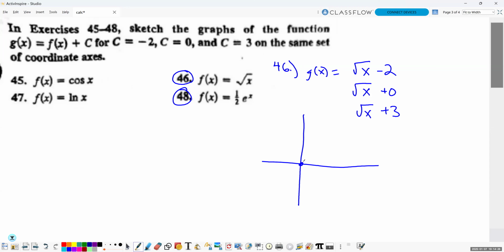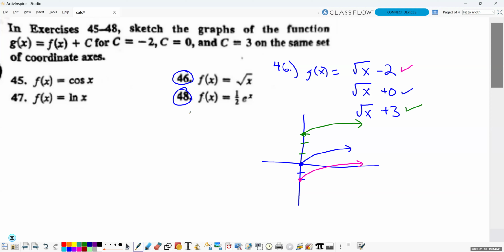So here's the plus 0. Check. 1, 2. We'll make that one pink. Swooshy that guy in. Check. Plus 3. We'll do that one in green. 1, 2, 3. I feel like this is a trick. Check. Someone email me if I've done this wrong.